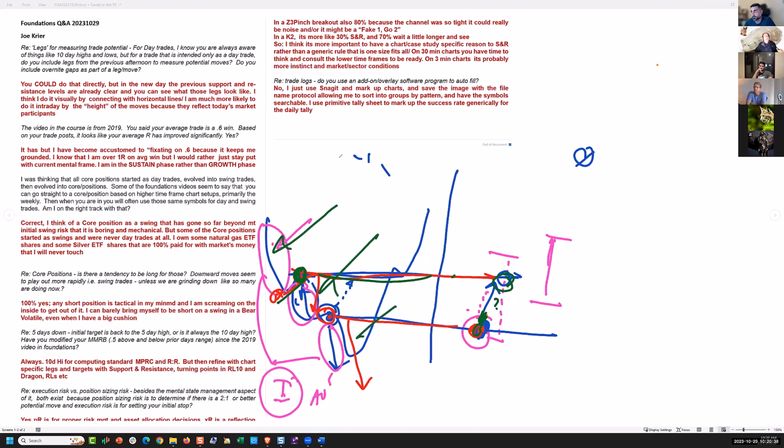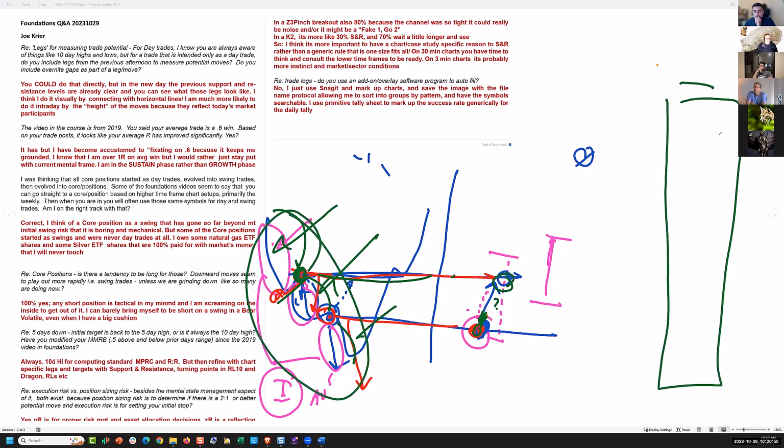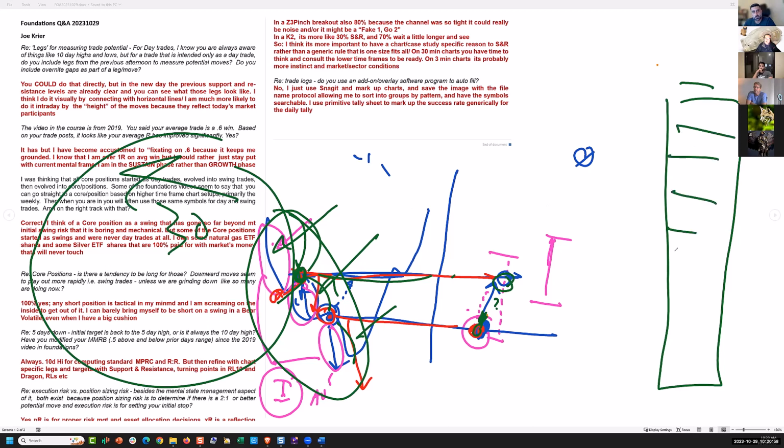And I would tell you that you get a feel for how far these things move. But even more important than that visual is the idea of the range stat, which is the aggregate description of all of those moves for the last 30 days. And then we've broken it into 10 chunks.